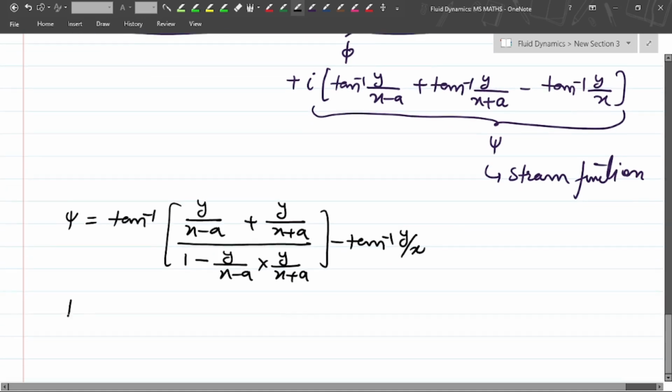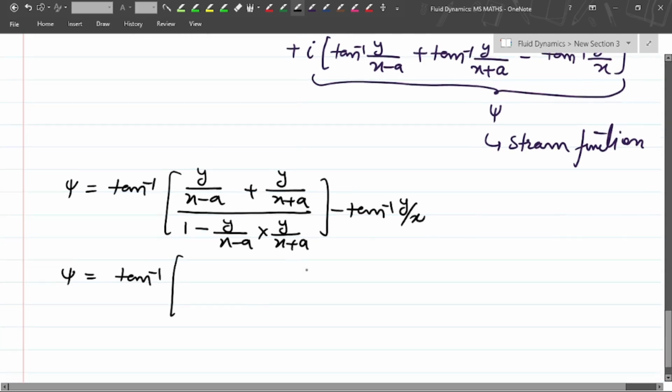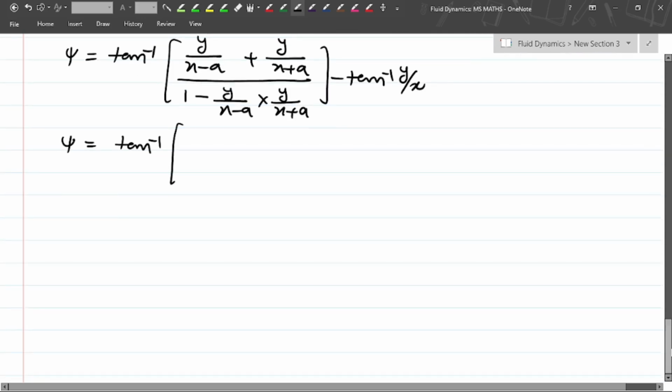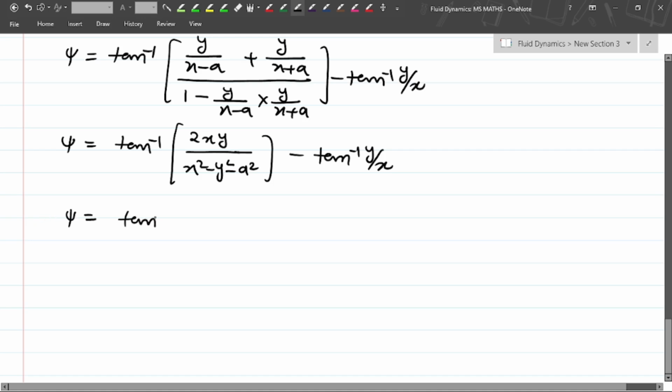Okay, so the sine is equals to tan inverse of 2xy divided by x square minus y square plus a square, minus tan inverse y by x. Again, I will put tan a minus tan inverse a minus tan inverse b. So psi is equals to tan inverse whole.